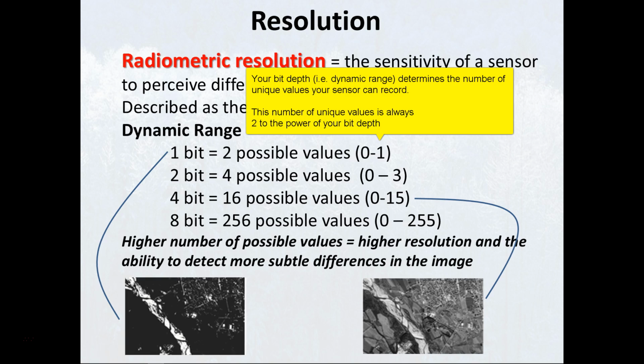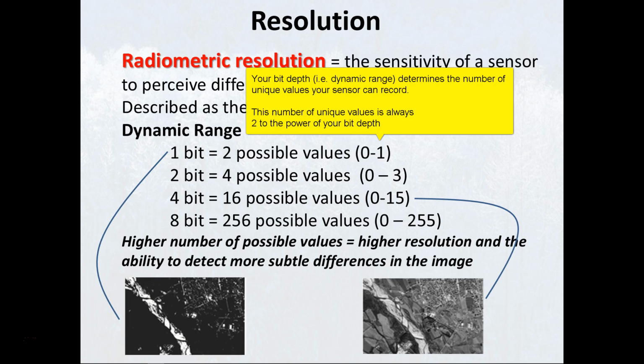So 1-bit data, for example, would be 2 to the power of 1, or 2 possible values. So it's binary, 0 or 1. 4-bit data, on the other hand, would be 2 to the power of 4, or 16 possible values. So 0 is always included in that. It's not going to be 1 to 16.